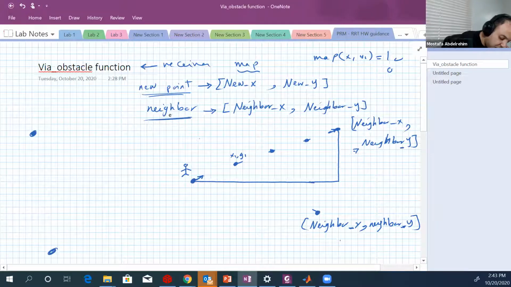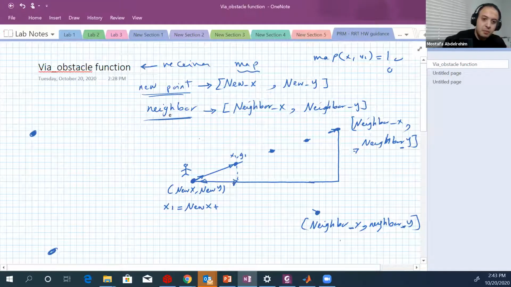If I move from here to here, if there is, for example, new x and new y, okay, so x1 is actually equal to new x plus this distance. Let's call it dx.